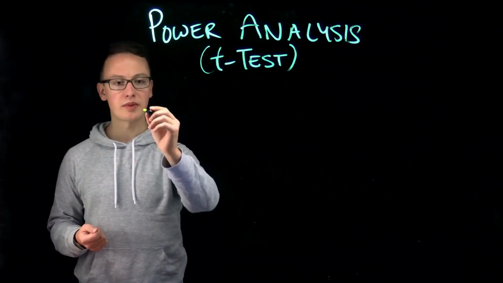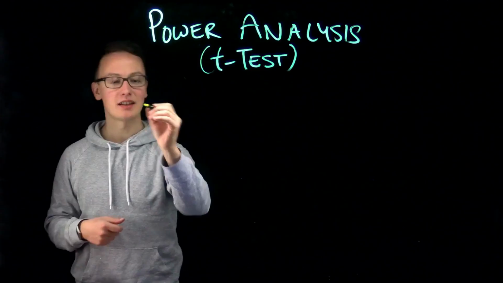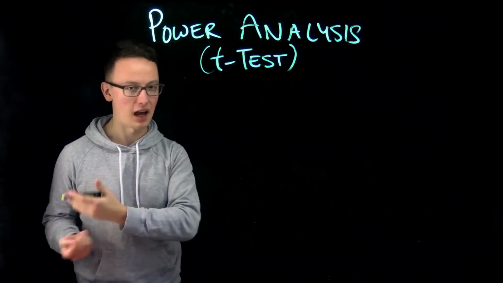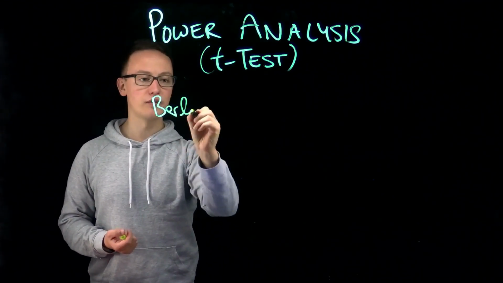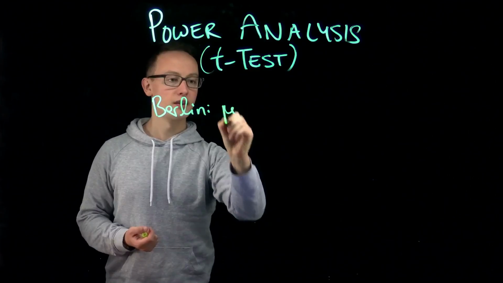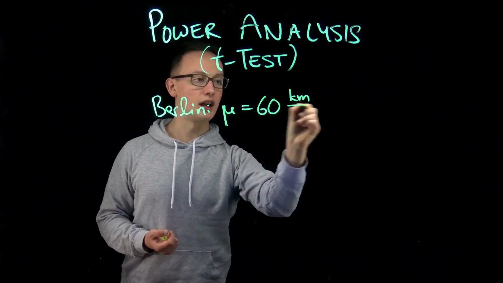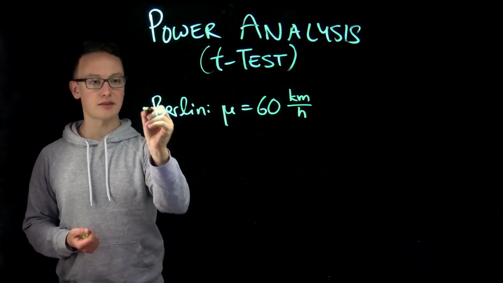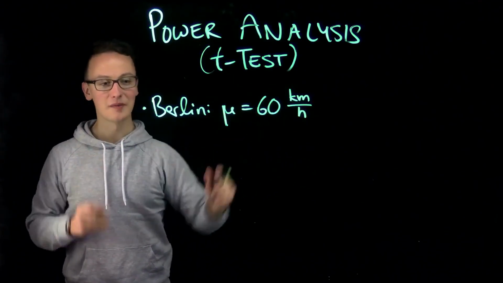And let's assume that it's public knowledge or a well-established fact that cars entering the city of Berlin from the highway, from the Autobahn, travel at a speed of 60 kilometers per hour on average, okay? And so that's our, we could say, population mean that is known.